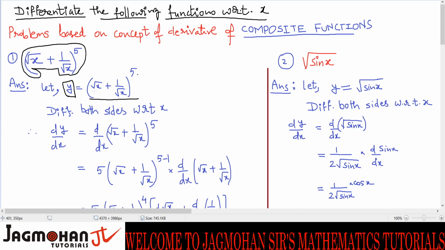So I have to find dy by dx. Once I have found dy by dx, I have found the derivative of y with respect to x, which is the derivative of the given function with respect to x.